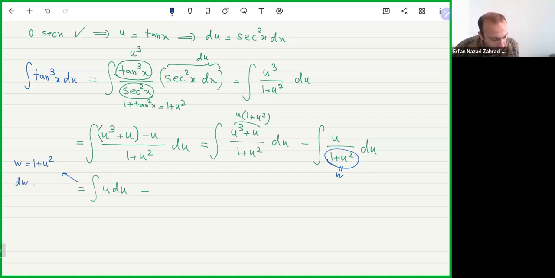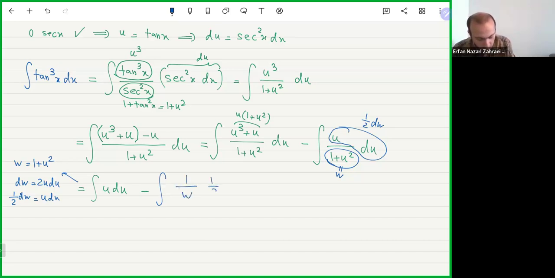Then dw is 2u du. So this package u du is half of dw. Good. Now this integral after the substitution becomes 1 over w, 1 over 2 dw.